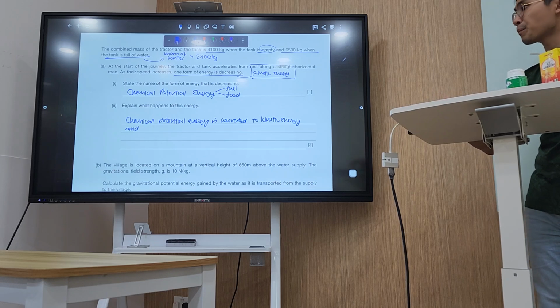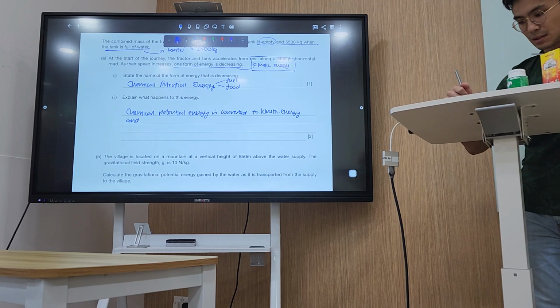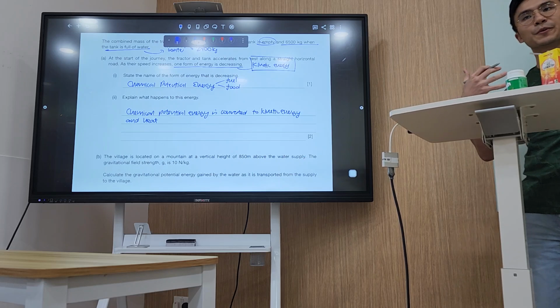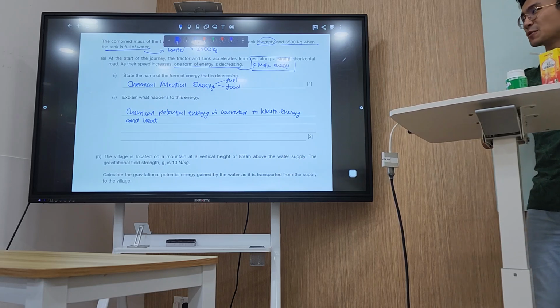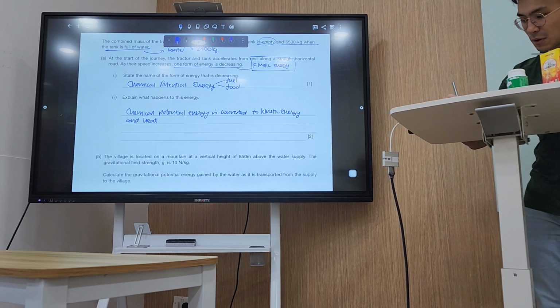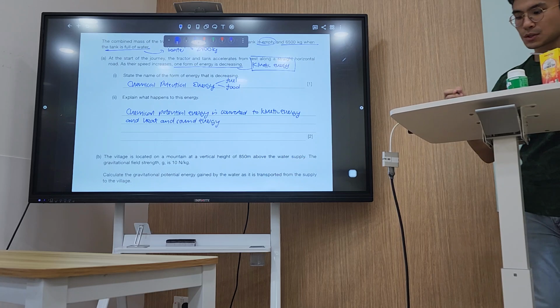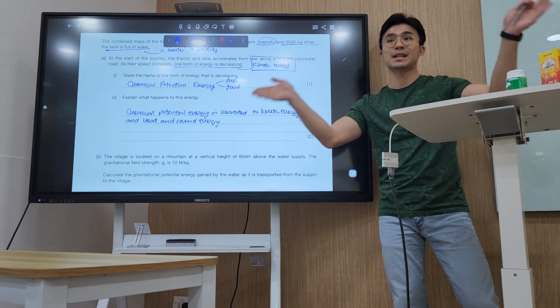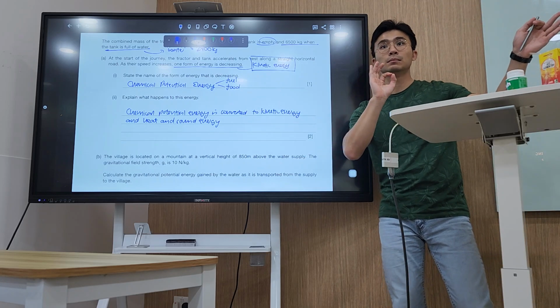Not work done. Heat or thermal energy. Why? Because friction, air resistance, friction at the road, all this kind of thing, you will lose energy. In fact, apart from just heat, you also have sound. So the chemical potential energy is like the crucible from which all the different kinds of energy will stand. Get what I'm trying to say?